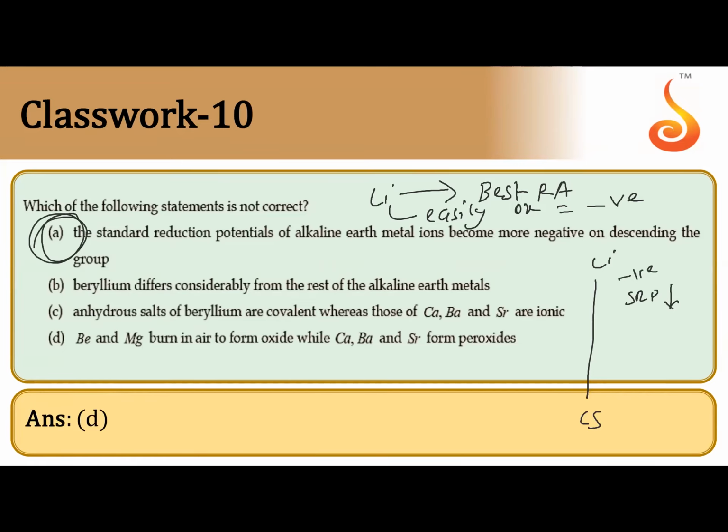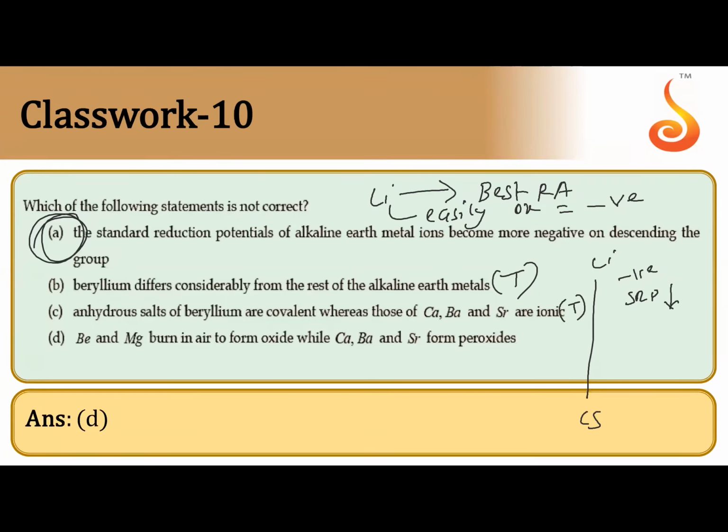Next, beryllium differs considerably from the rest of the alkaline earth metals. It is a true statement. Anhydrous salts of beryllium are covalent, whereas those of barium, calcium, strontium are ionic. True statement. Beryllium, magnesium burns in air to form oxide, whereas calcium, barium, strontium form peroxides.